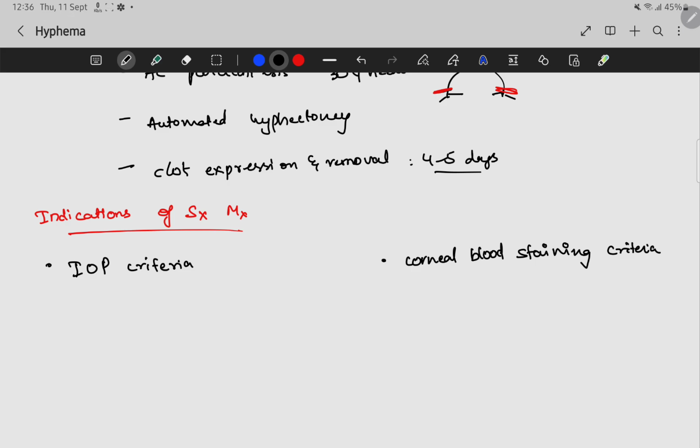In IOP criteria we have IOP greater than or equal to 50 mmHg for 5 days or greater than or equal to 35 mmHg for 7 days.